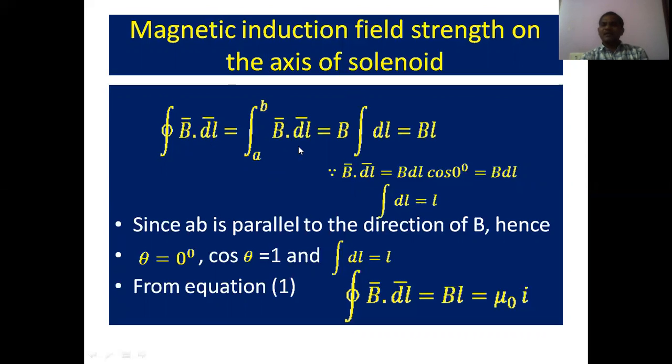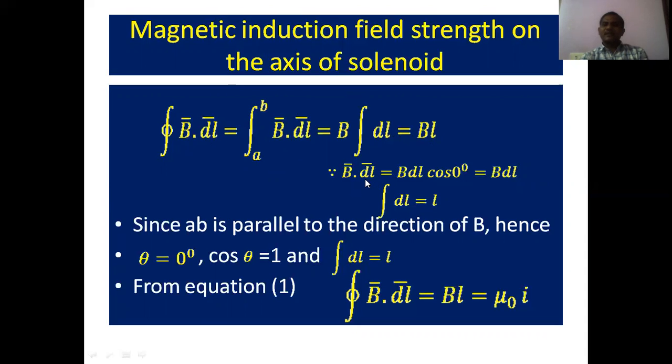The remaining contributions from B to C, C to D, and D to A are 0. That equals B times the integral of dl, which equals L. That is the length we consider for the finite solenoid, L.